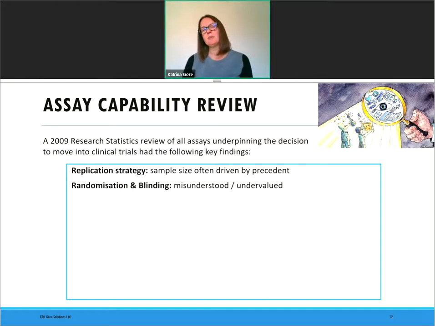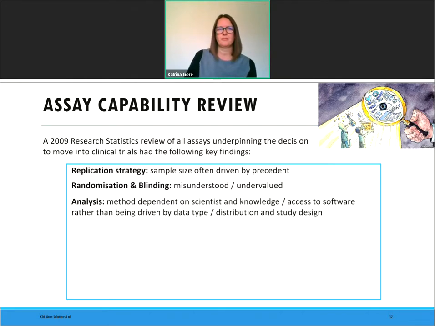The techniques of randomization and blinding were misunderstood, undervalued and underused. The analysis method was very dependent on the scientists and their knowledge and access to software, rather than being driven by the type of data they were analysing, the distribution of those data, and the study design.